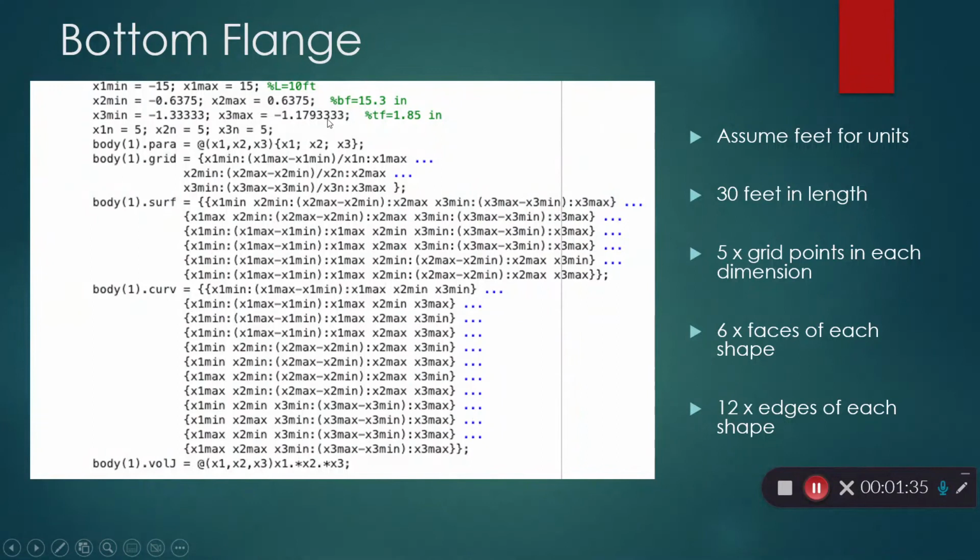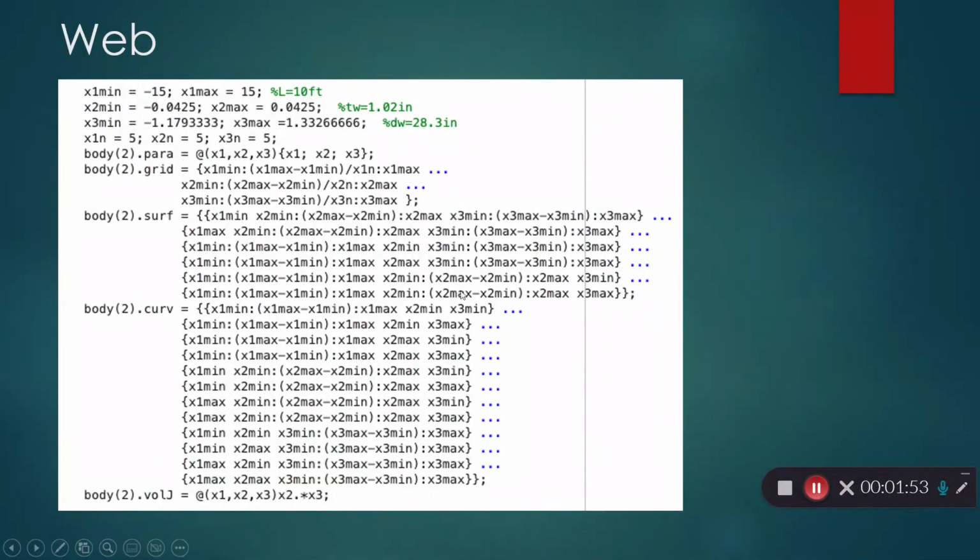And then the thickness of that bottom flange. So 30 feet in length. I still did the 5 grid points in each dimension. And then, of course, since each shape is a rectangular cube, it has 6 faces and 12 edges.